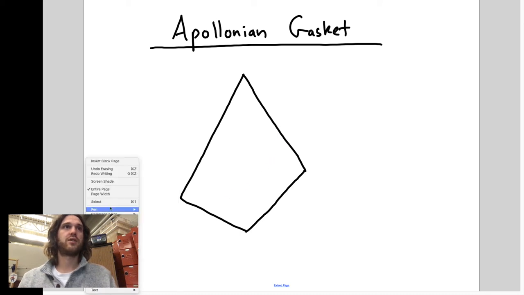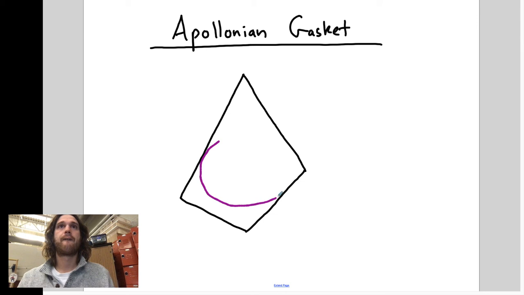I'll change my colors. We'll do it purple. I'm going to try it one more time. It looks like it's right about... Oh, geez Louise, try that again. Right about... Whew. Okay, that is a horrible circle. One more time.